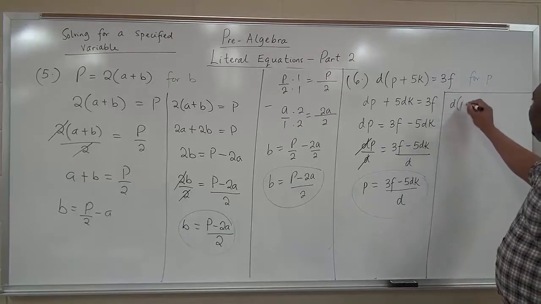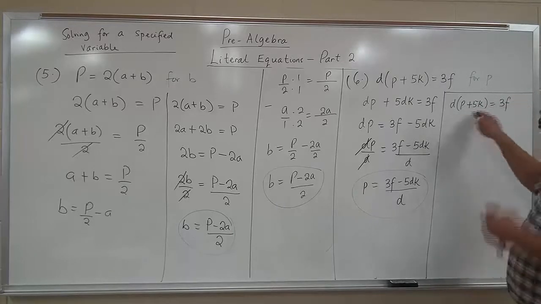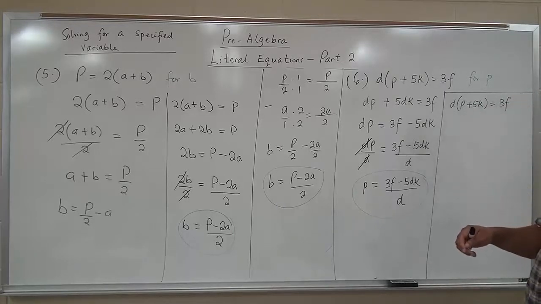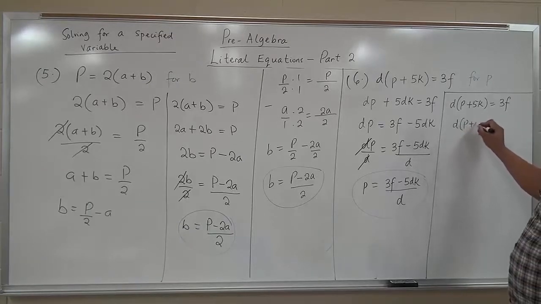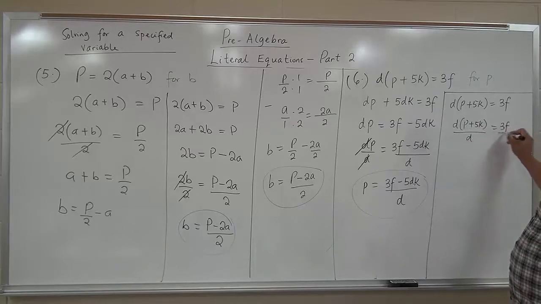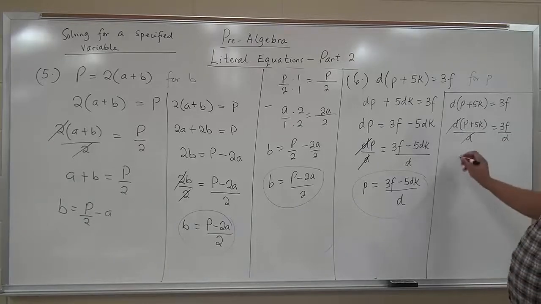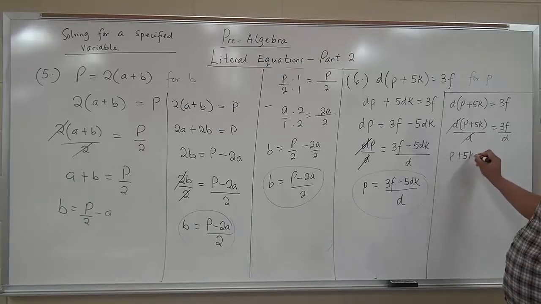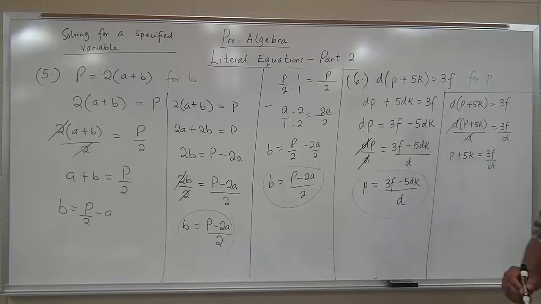We have dp plus 5k equal to 3f. So we divide both sides by d. So dp plus 5k divided by d equal to 3f divided by d. d divided by d is 1. So p plus 5k is equal to 3f divided by d. And then you subtract 5k from both sides.